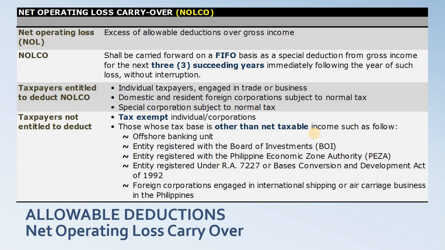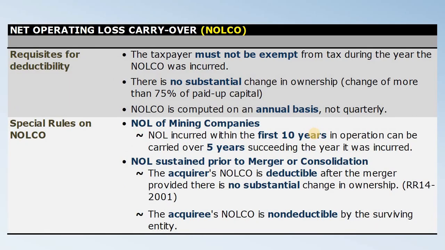Then, the requisites for the NOLCO to be deducted from gross income is that the NOLCO must be incurred during the year the taxpayer is not exempted from tax, which means that in order for the NOLCO to be deducted in the next 3 succeeding years, the taxpayer must be liable to income tax and must not be exempted.